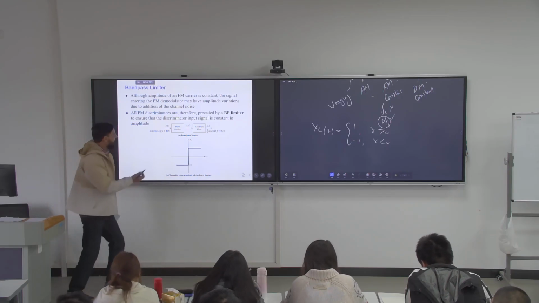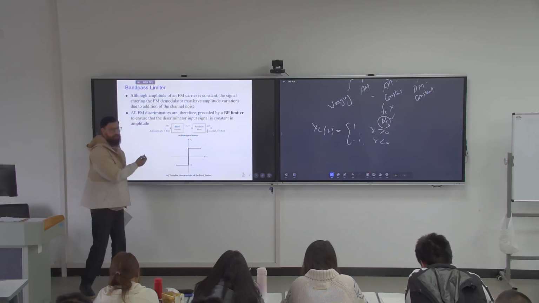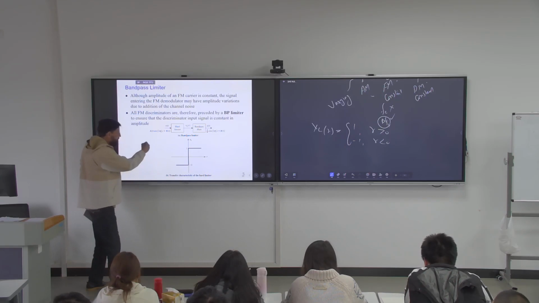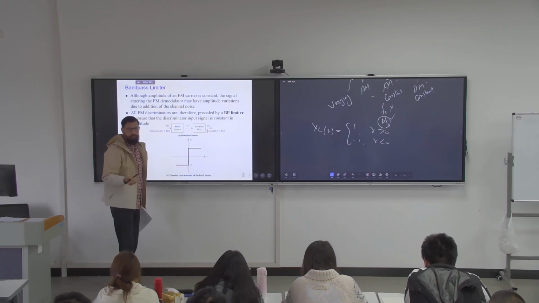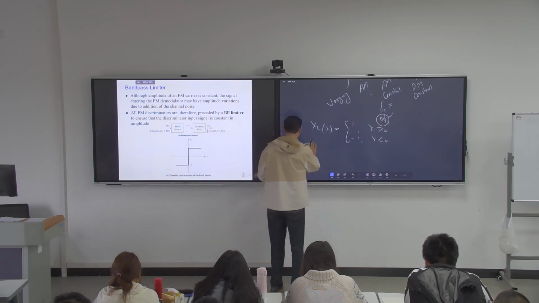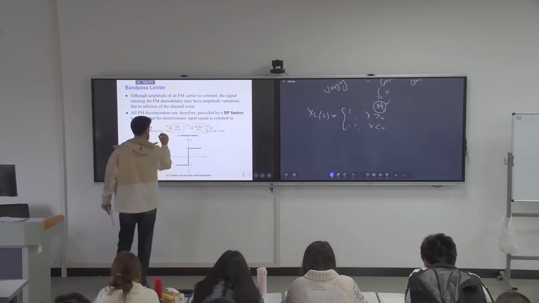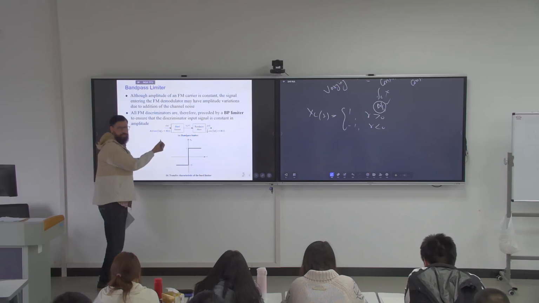Now, what about this X_L(r) here, when a signal is passed through this hard limiter? Keep in mind, it is a cos, and this cos is obviously periodic. What will be the output? All this is phase, right?